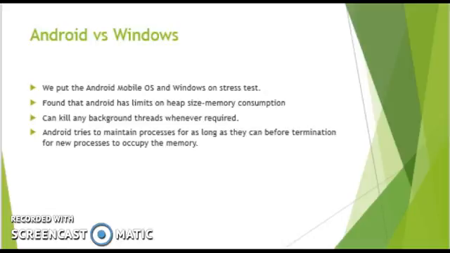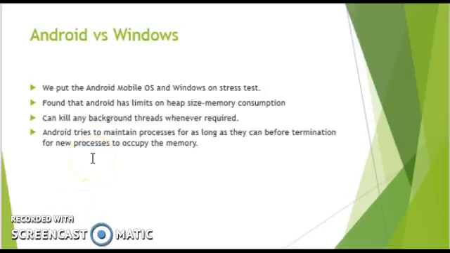What I found is that Android has limits on its heap size memory, so this will prevent overconsumption of memory. Furthermore, Android is able to kill background threads whenever required to free up resources.